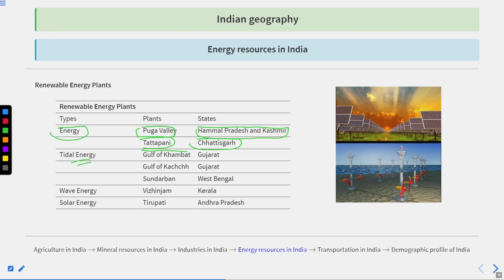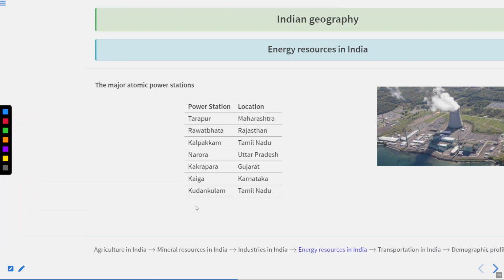Tidal energy: Gulf of Khambhat, Gujarat; Gulf of Kutch, Gujarat; Sundarban, West Bengal. Wave energy: Vizhinjam, Kerala. Solar energy: Tirupati, Andhra Pradesh.